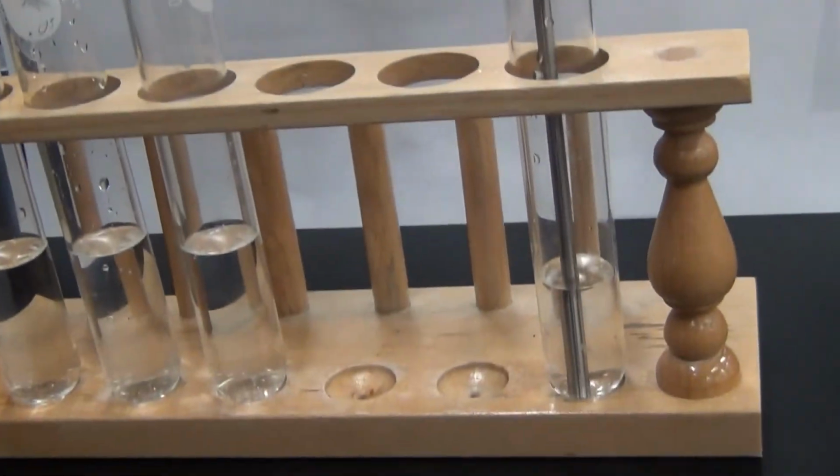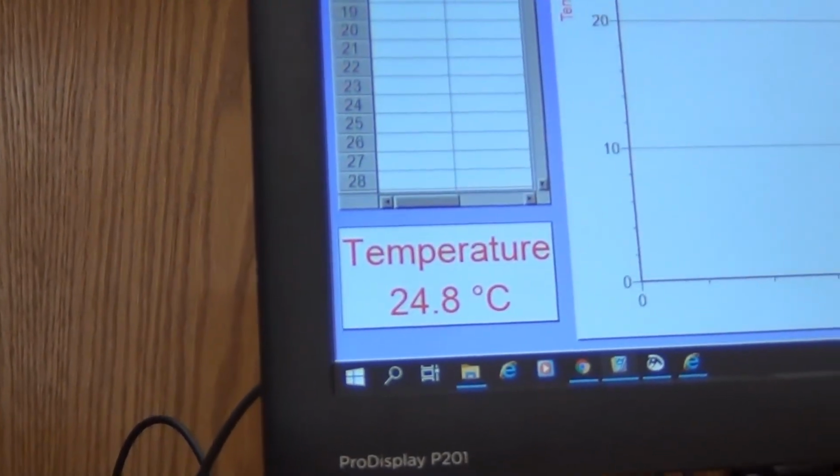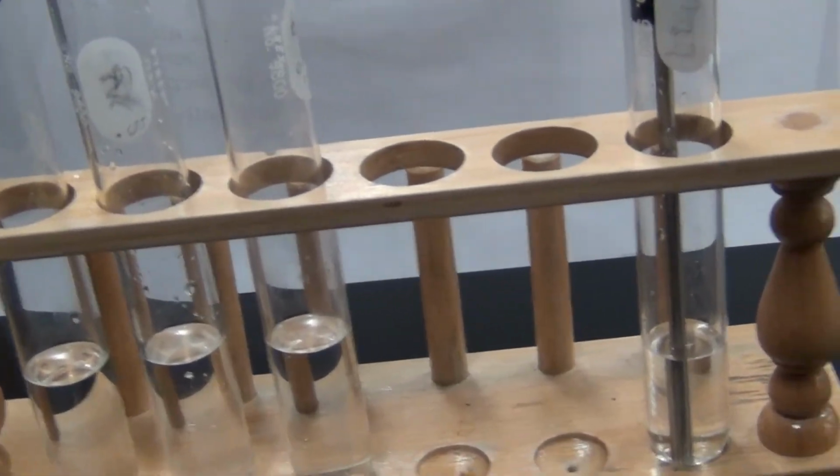And I am measuring the temperature right now to be 24.8 degrees. Okay. I have here a spatula with some sodium hydrogen carbonate, or sodium bicarbonate, in it. And we're going to put this in and see what happens to the temperature of the mixture using our temperature probe.